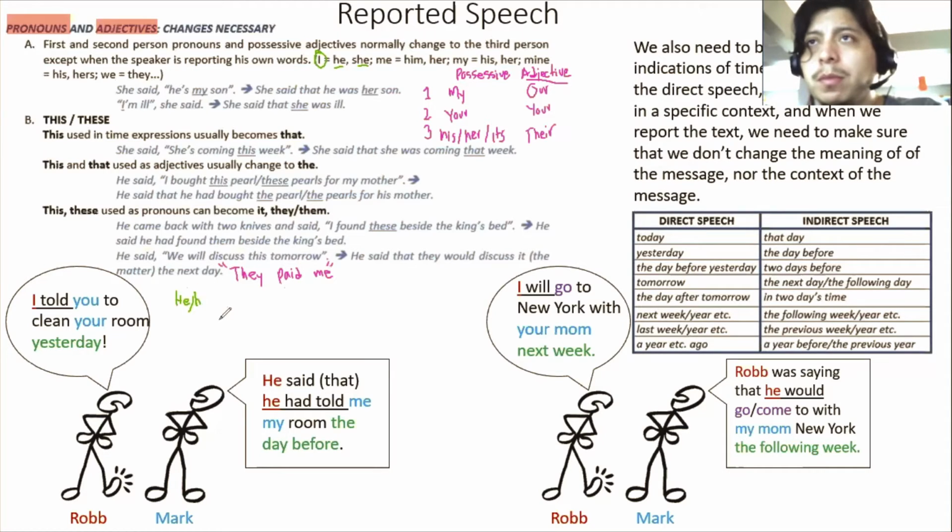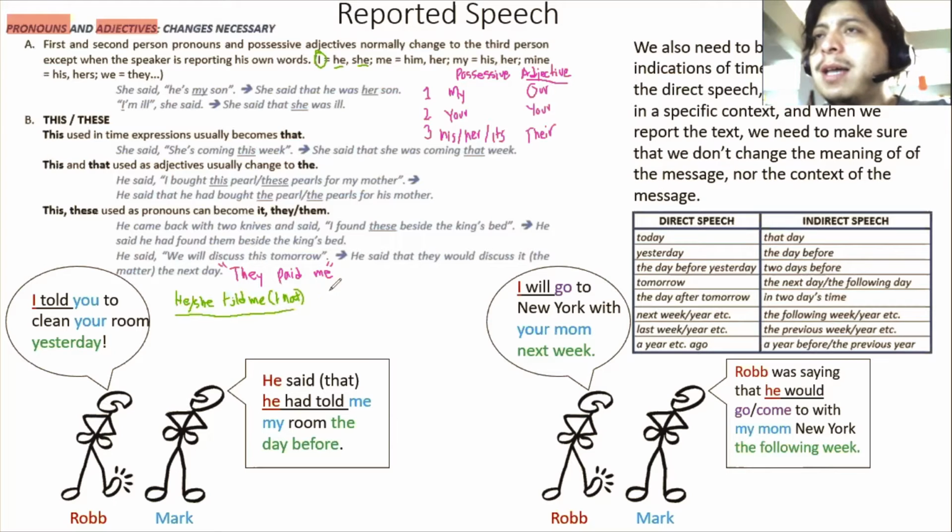He or she told me that. Remember, this is just the introduction clause. This person told me that they had paid me. Okay, this is in the past. We reported in the past perfect. Had paid, and me. When you have me, it changes to him or her.